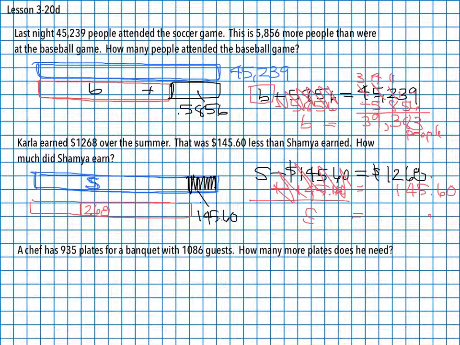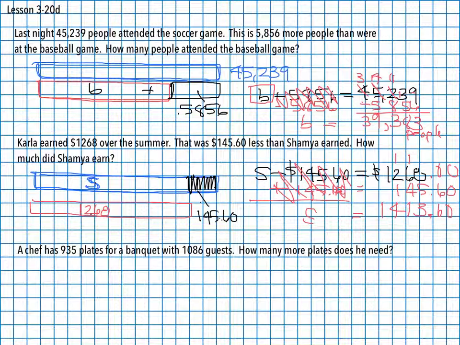Put my decimal point down here, 60, because we're going to fill that with 0. 8 plus 5 is 13. Carry the 1. 6 plus 4 is 10, plus 1, 11. Carry the 1. 1 plus 2, 3, 4. So Shemaiah earned $1,413.60.